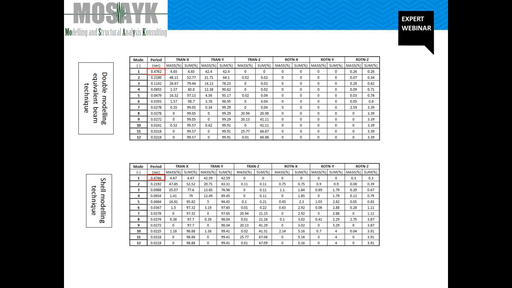Again, we can compare the eigenvalue analysis done with Midas Gen, and the results are for sure in very good agreement as before. The shell model seems to be a bit rigid, but that's a good result, that's fully true.